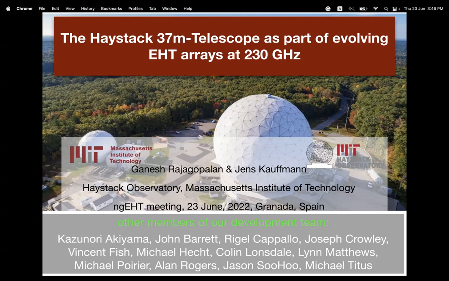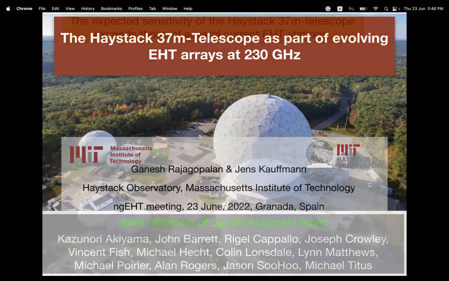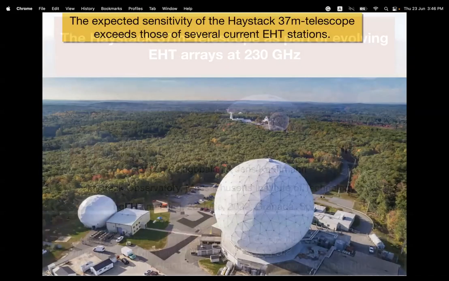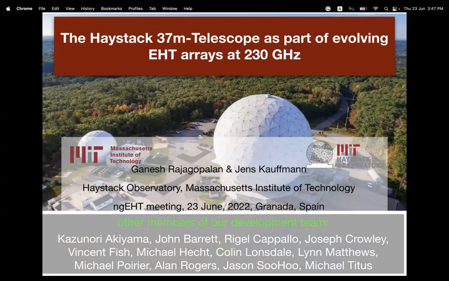So the next talk is by Ganesh Rajagopalan. The Haystack 37-meter telescope is part of the EHT array at 230 gigahertz. Good evening. We're running a little late. So we heard about Haystack in Shep's talk and also in Michael's talk as a potential site to be included in phase 1 of the ngEHT.